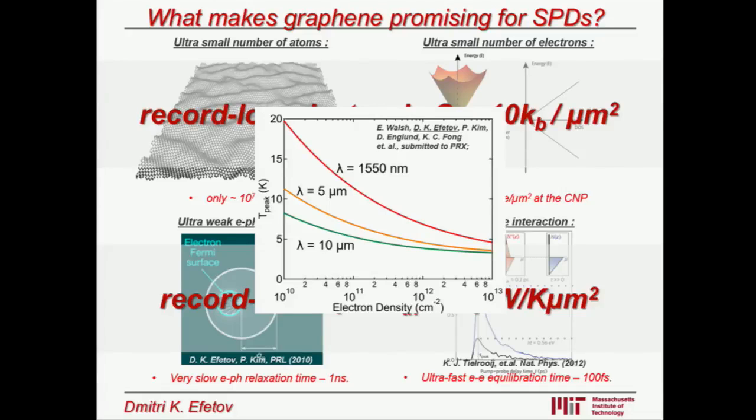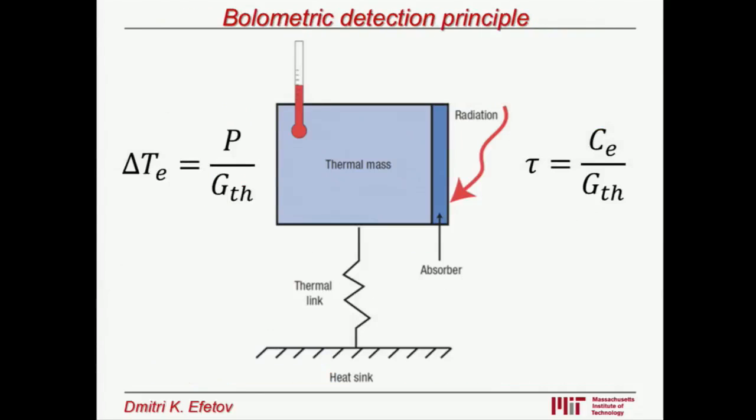So if we can find a way to properly detect a quick rise in electronic temperature, if we can measure the electronic temperature separately and fast, then we think this is a very promising direction to observe this type of effect. And this brings us to the bolometric principle. Basically, we're looking at the heat absorbed in the graphene and what temperature rise goes along with it.